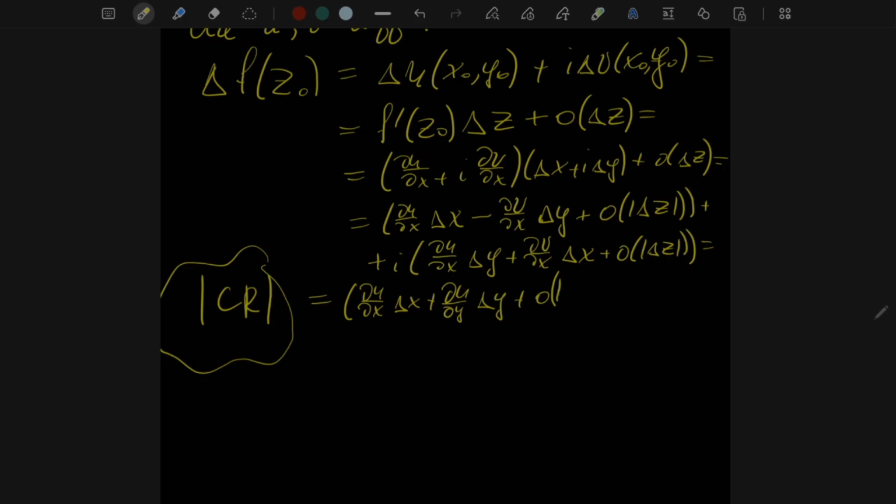And notice that the absolute value of delta z is the same as the norm of vector delta x, delta y. And I forgot the delta there.